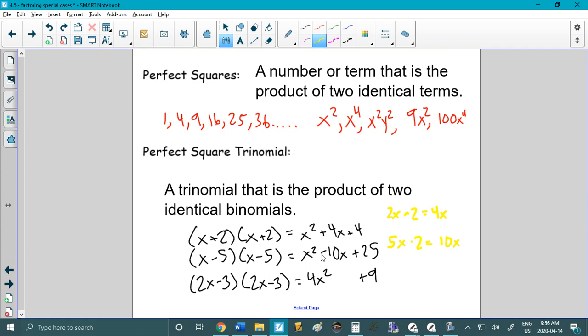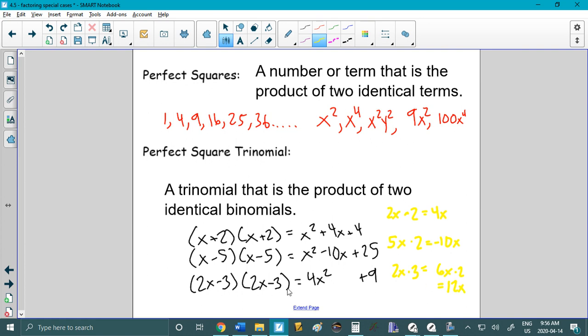And basically, all you need to know for that is if you've got negatives here or a negative here, the middle term's negative. And finally, the root of 4x squared is 2x. The root of 9 is 3. 2x times 3 is 6x. We got to double that. So times 2 is going to be 12x.